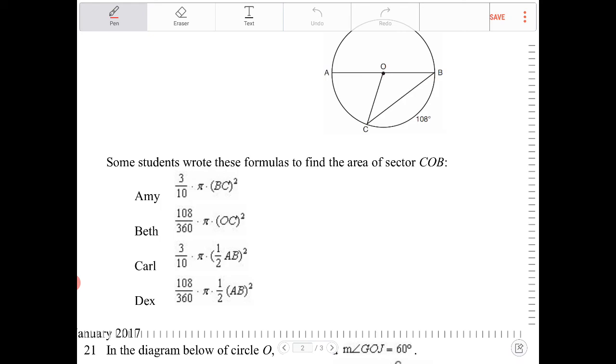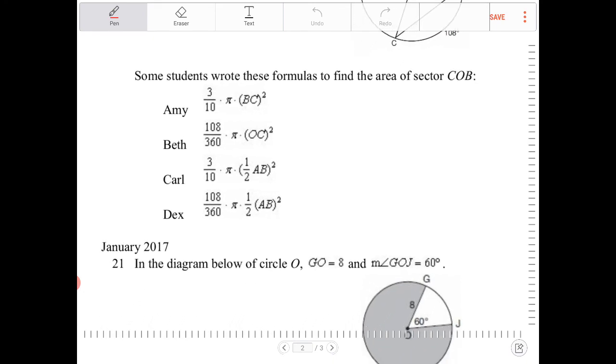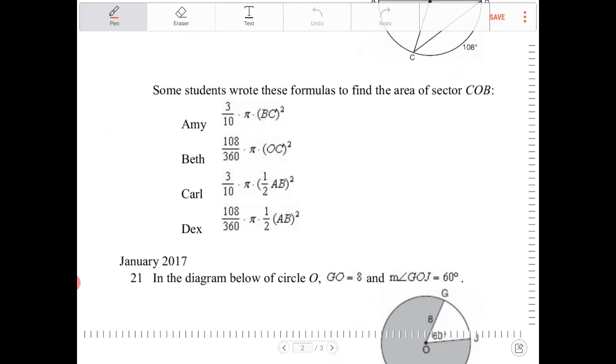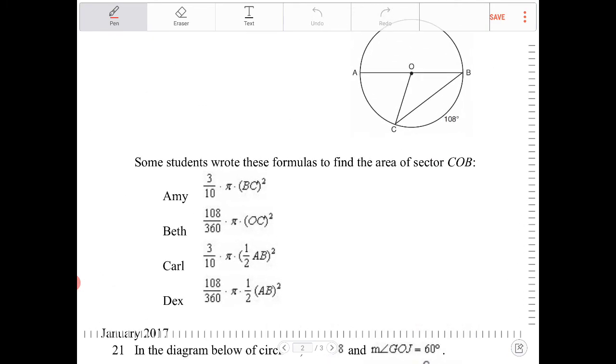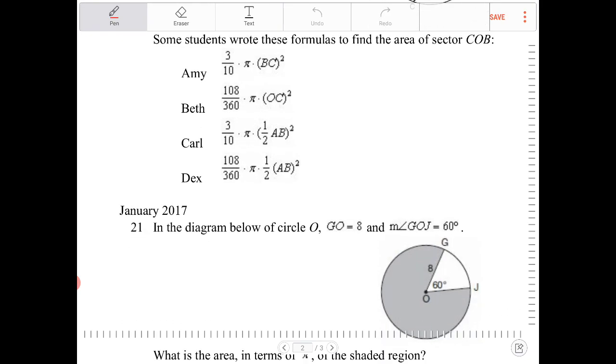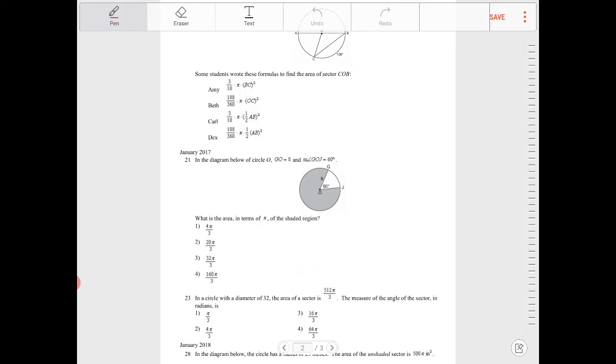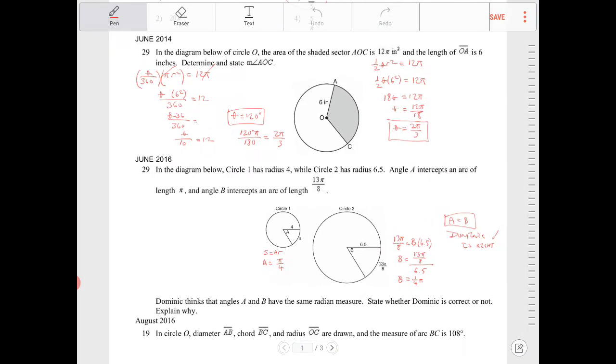So 3/10 times pi times BC squared, 108 over 360 times pi times OC squared, and so on and so forth. What is the question here?